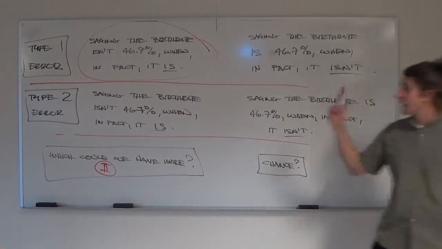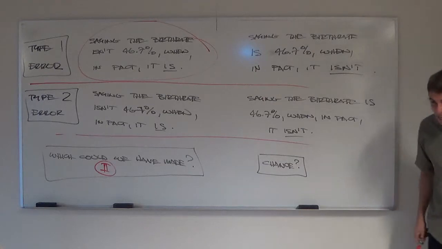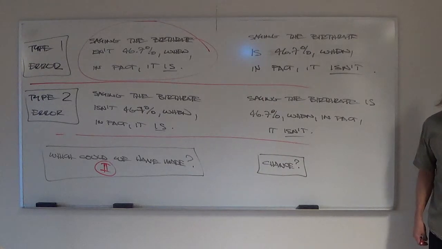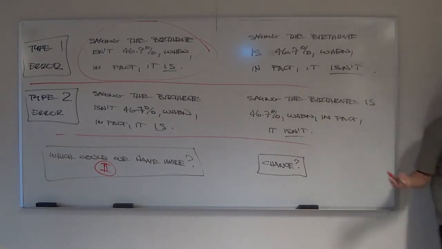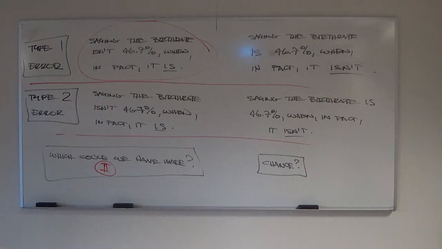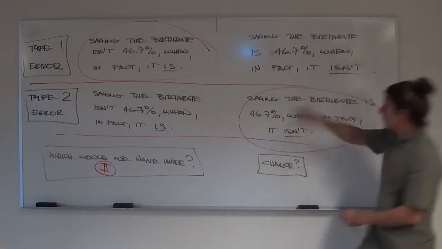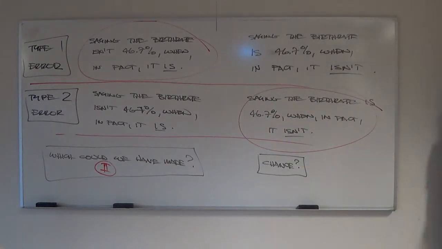So we could have made a type 2 error, which is saying the birth rate is 46.7% when in fact it's not. That's the type 2 error that we could have made. Because that's our conclusion. Our conclusion was that it's not 46.7.